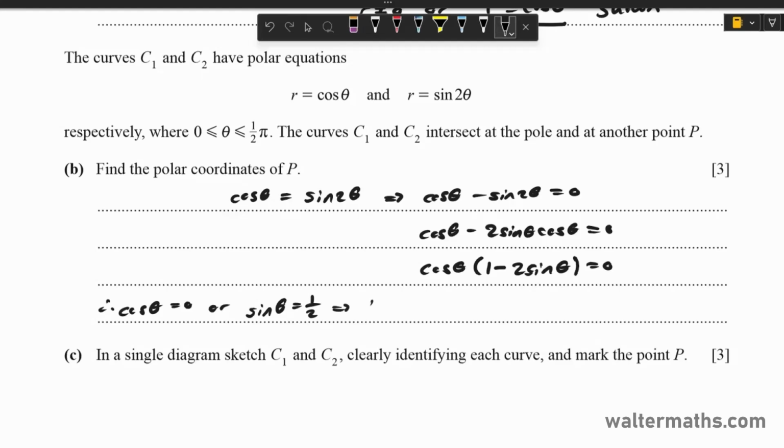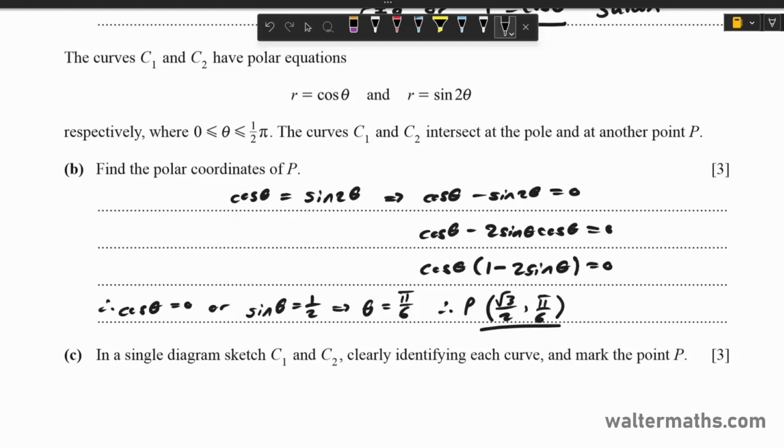Which leads us to having theta being equal to arc sine of a half, which is pi over 6. Therefore, when theta is pi over 6, cos of pi over 6 is root 3 over 2. So the coordinates will be root 3 over 2 for r, and for theta, pi over 6. So these are the coordinates of P.